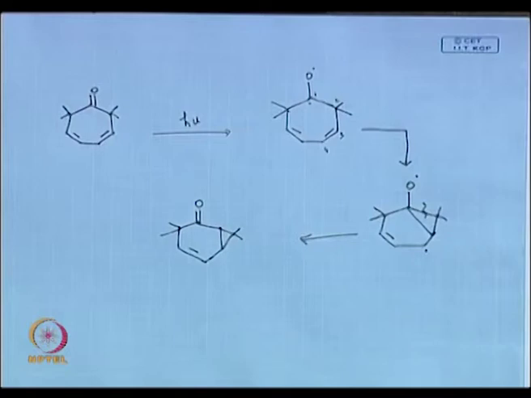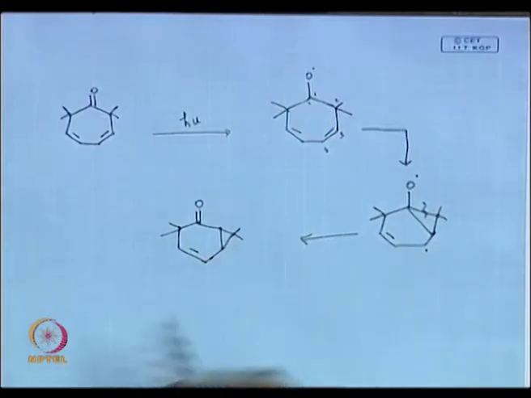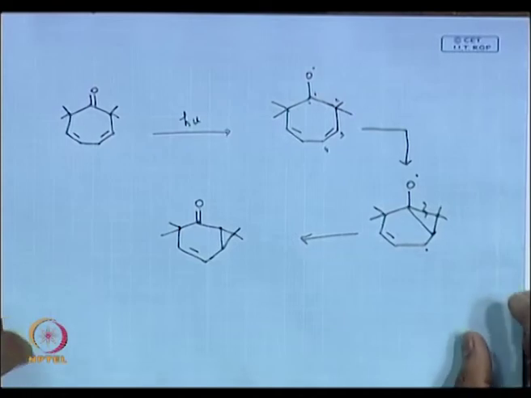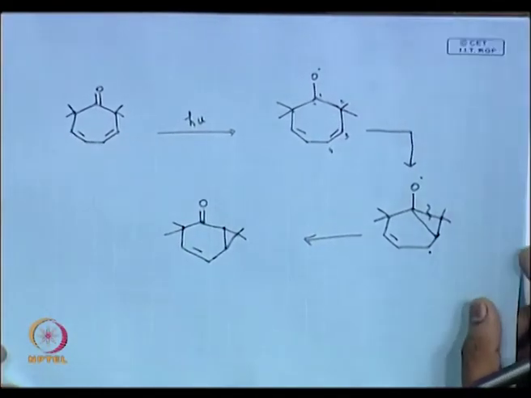Looks to be a very stable product. Fine. Because if you cleave here, it gives a nice six-membered ring. This one. Okay. Done. Okay.